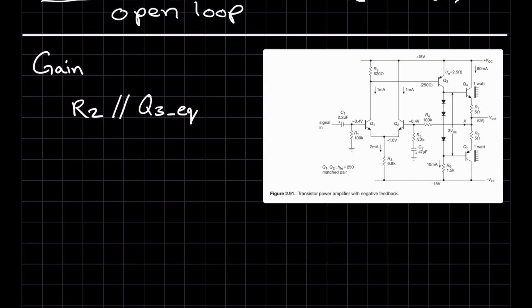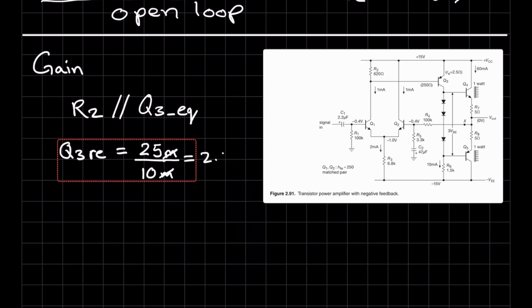So we know the current through Q3 is 10 milliamps, just because that's given over here. So that current has to flow this direction. So Q3 RE is equal to 25 milli divided by 10 milli. The milli cancel again, and you end up with an RE resistance of 2.5 ohms, which is given in the circuit over here as well.